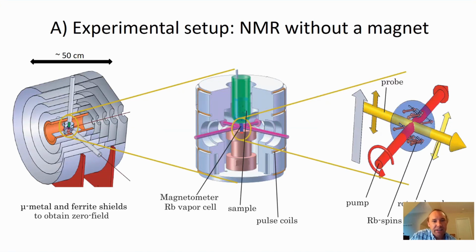This NMR sensor is operated with lasers, specifically in a pump-probe setup, where we have a pump beam, the red beam on the right that is circularly polarized, and a probe beam in yellow that is linearly polarized in order to measure the signal that comes from the NMR tube.